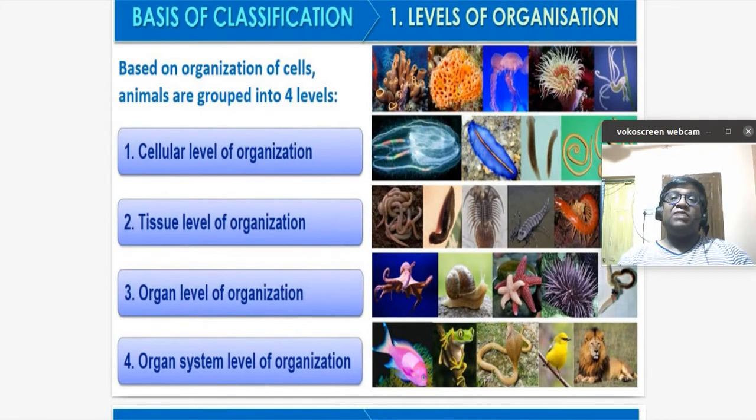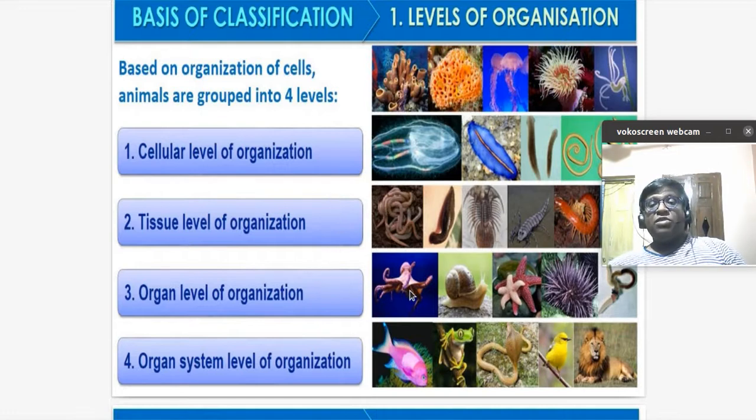Based on the levels of organization, I have already told you about the cellular level of organization. The example is phylum Porifera. You can notice the sponges here. Phylum Porifera exhibit this cellular level of organization. The tissue level of organization is noticed in phylum Coelenterata and phylum Ctenophora.